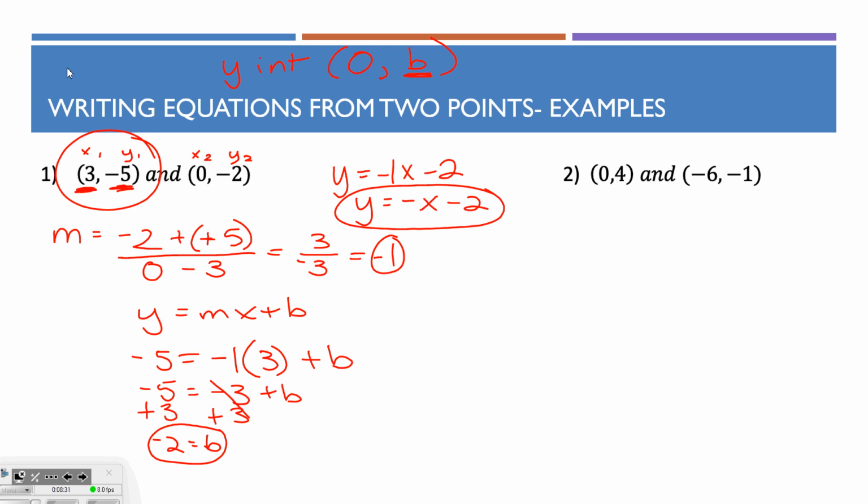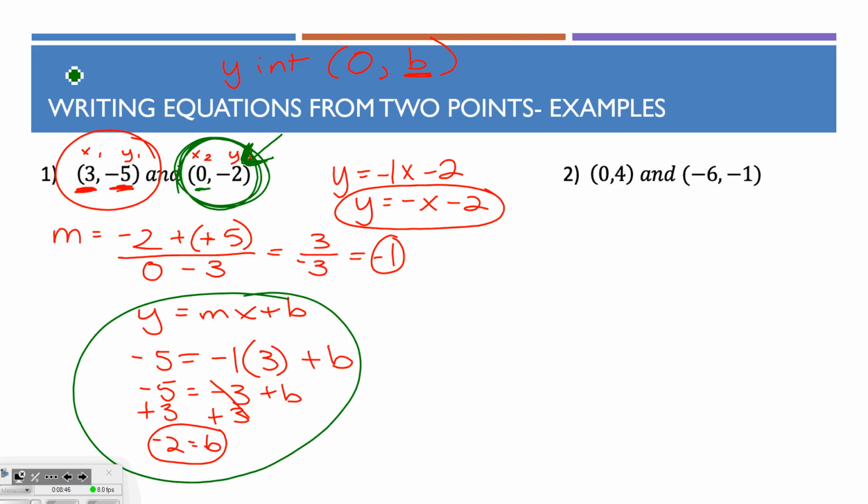If I look at this second point here, I actually had this b value all along because this was 0, comma a number. So guess what? All this work down here, I didn't necessarily have to do. I could have just gotten the negative 2 value from that y-intercept point. Now, I'm not always going to have that y-intercept point, so I can't always do that, but if I have it, I could use it.